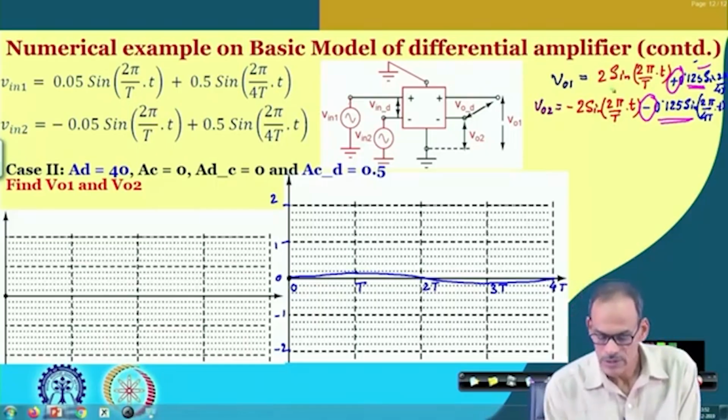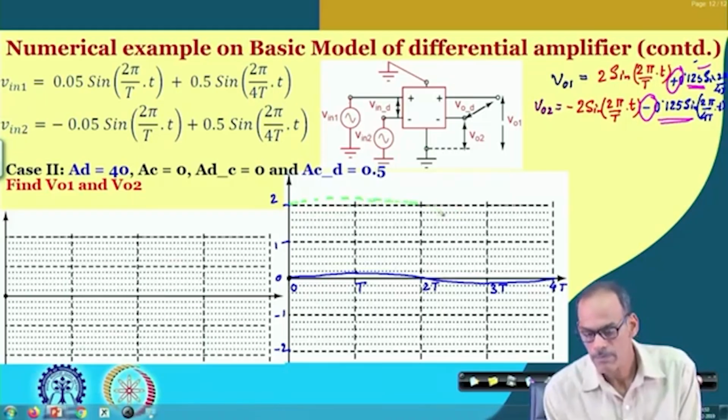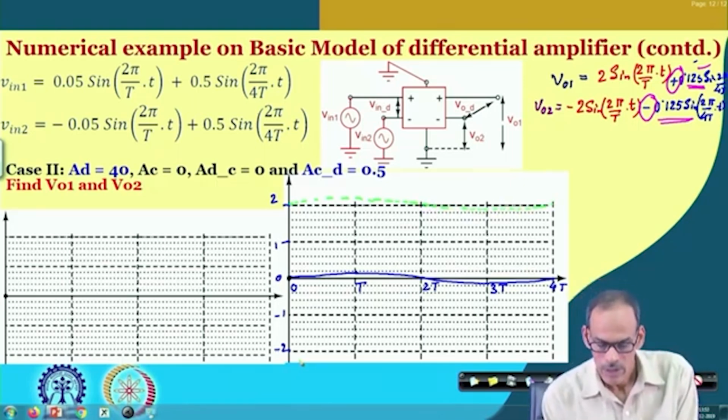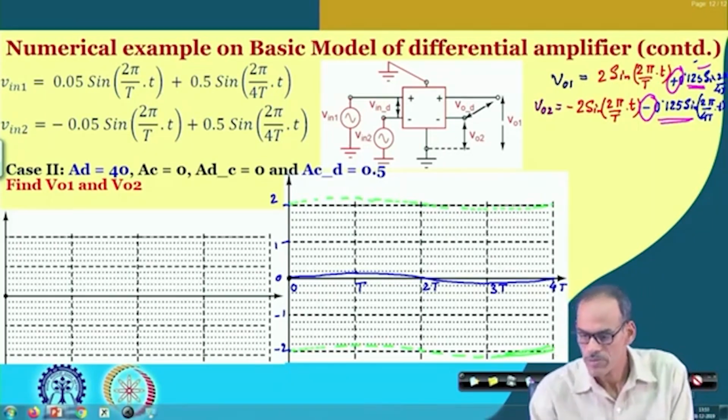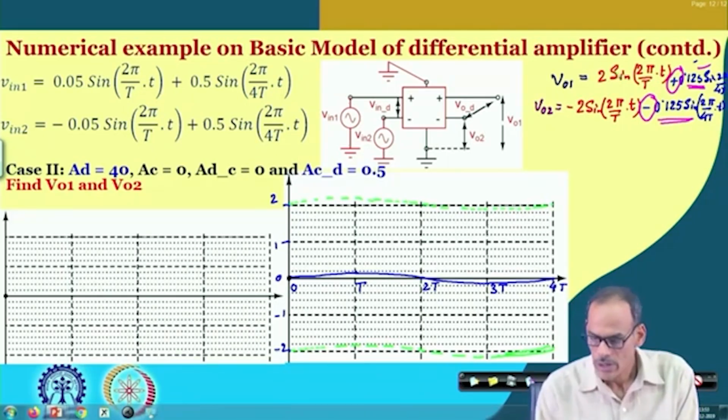Now, to represent this blue signal, let me also try to put the image of that blue signal here. Right, and likewise here also. And then let me plot the red color along with the blue.